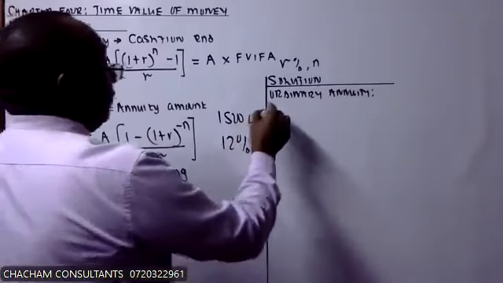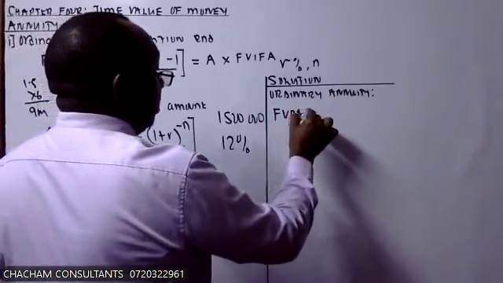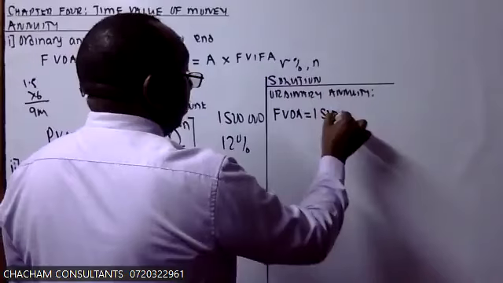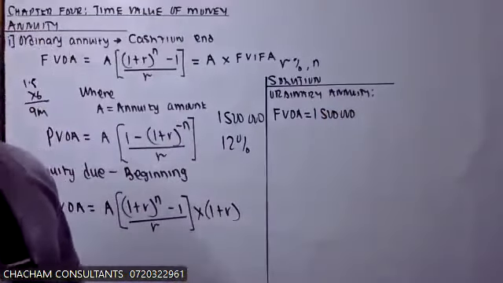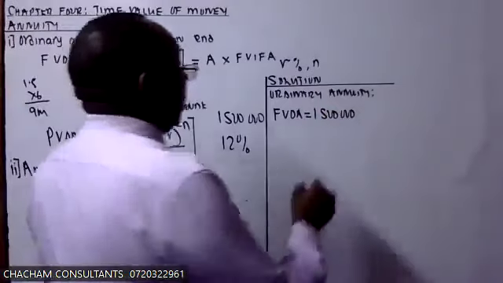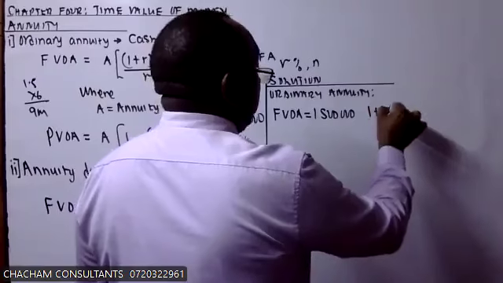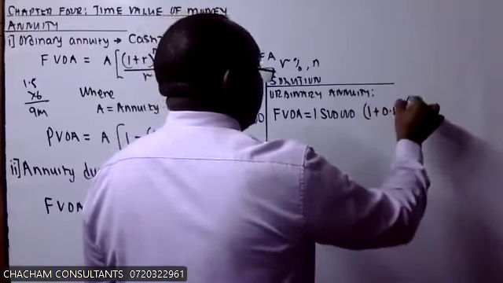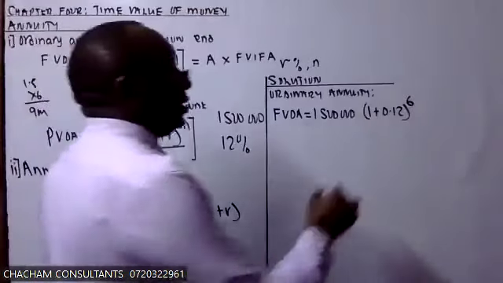So the future value of that ordinary annuity, it will be 1,500,000. Hiyo ndio anaweka 1,500,000 times 1 plus 0.12 raised power 6, because anaweka for 6 years.